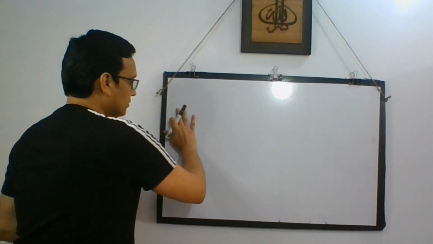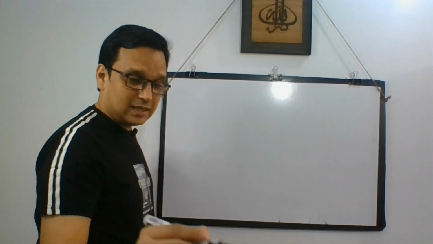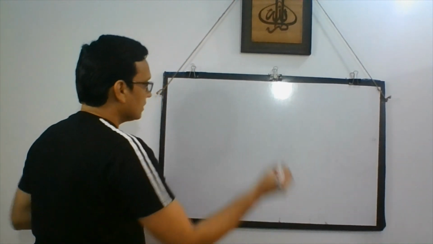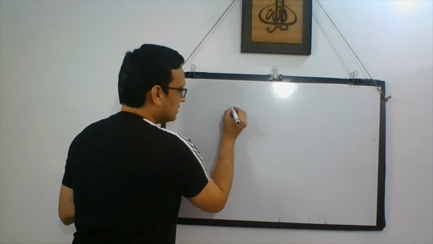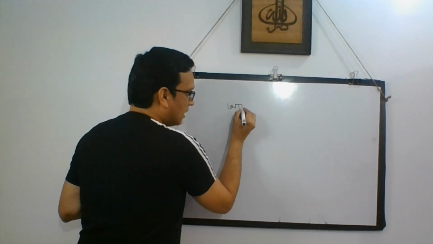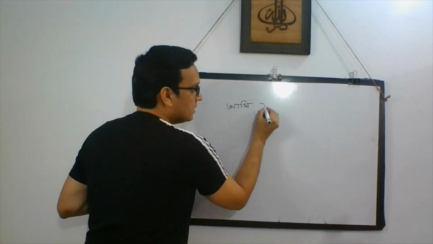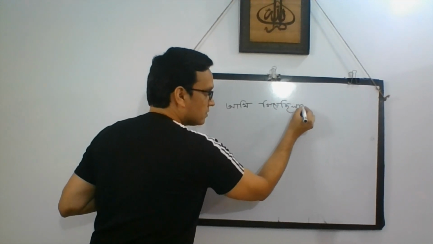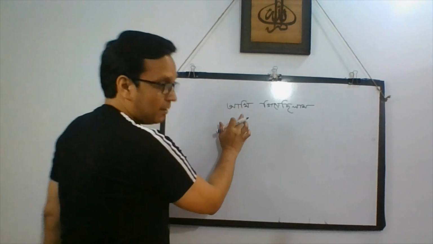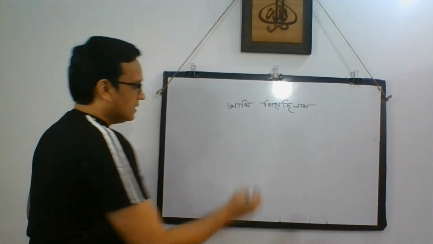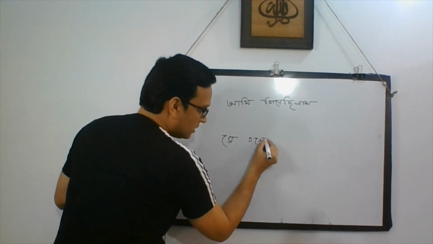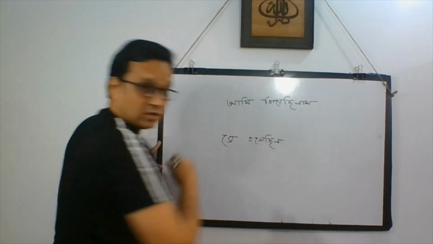I'm going to write a sentence in Bangla so you can easily get how you can control the tense based on past. Our first sentence is "আমি গিয়েছিলাম". Then I'm going to write another one: "সে এসেছিল".